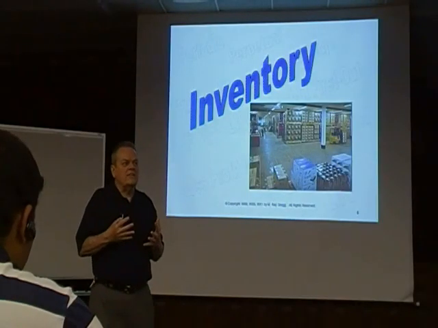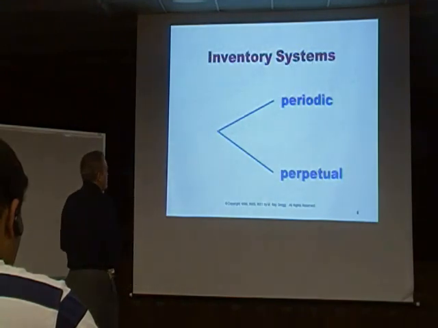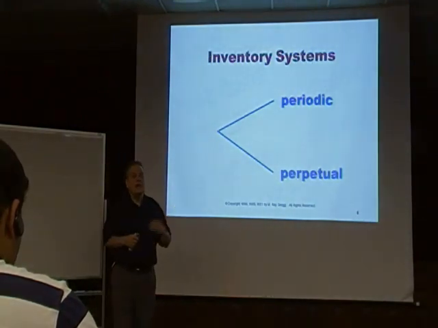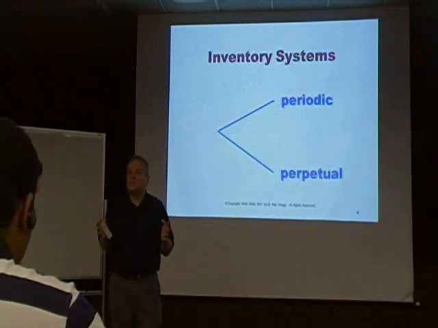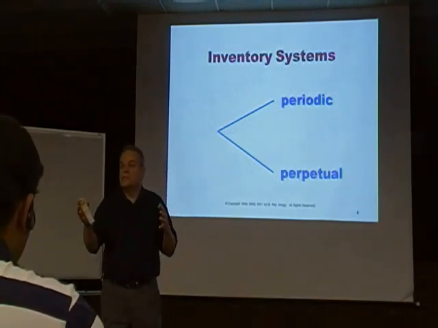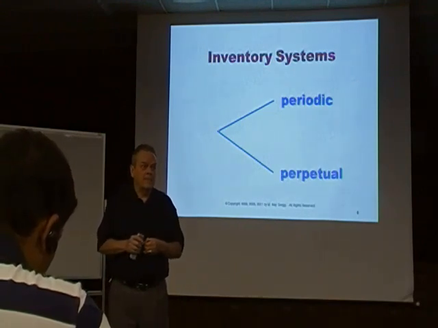Let's continue in this inventory topic that we've talked about and are talking about. This is 3 Mondays in a row now that we've been together, and I've told you that we have the choice between perpetual procedures and periodic procedures. And you should know the distinction by now.